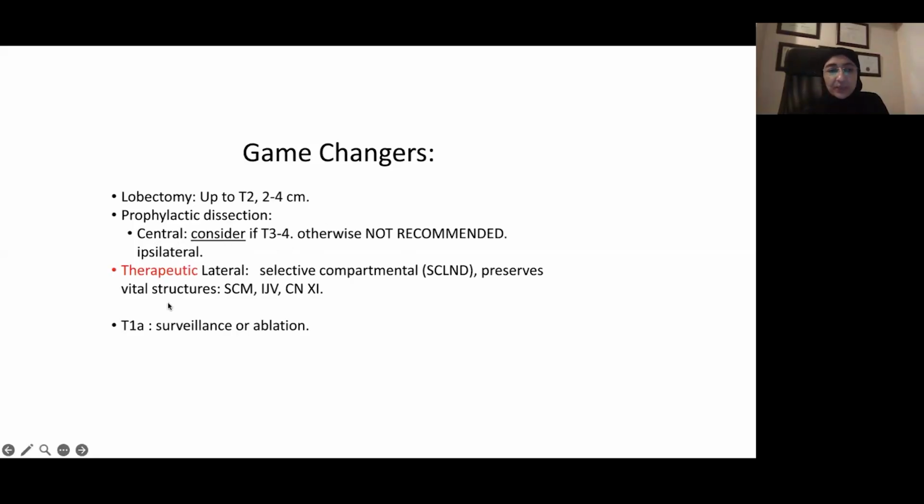Otherwise, it's not recommended. And if you want to perform therapeutic lateral dissection for proven disease, it should be selective compartmental to preserve the accessory nerve, the jugular vein, and the sternocleidomastoid muscle. For T1A, an option of surveillance or ablation instead of surgery. That's a really big change in the practice.